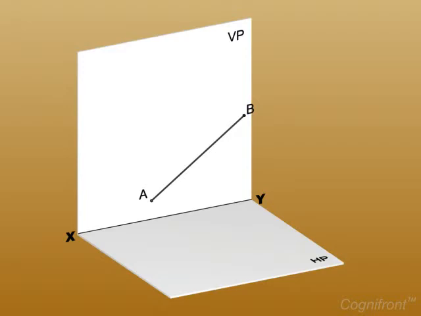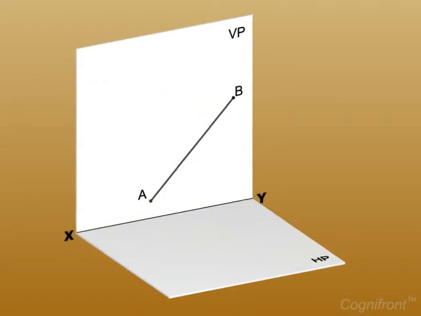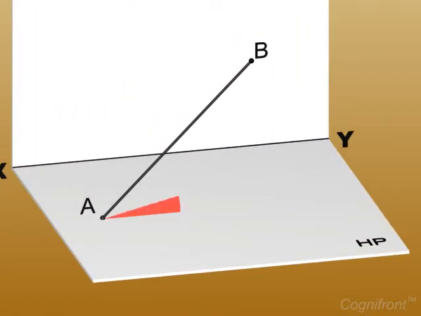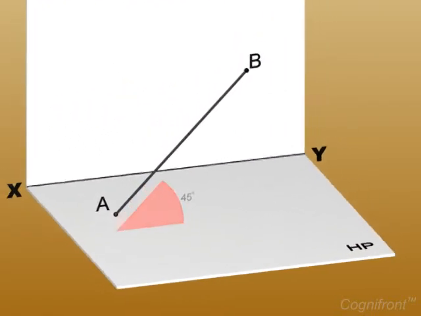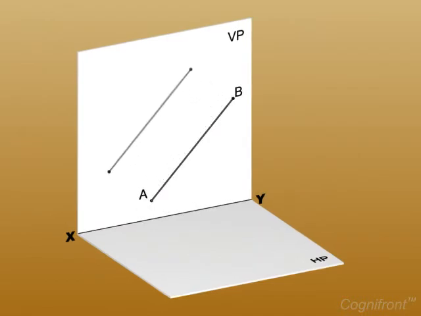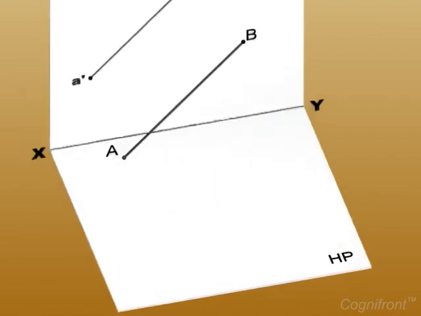Here, line AB is assumed to be parallel to VP but inclined to HP by the angle 45 degrees. Observe its front view A'B' on VP gives the true length and the inclination with XY. The top view is a shorter line AB1 parallel to XY.